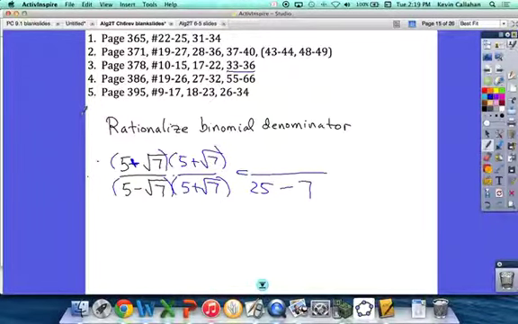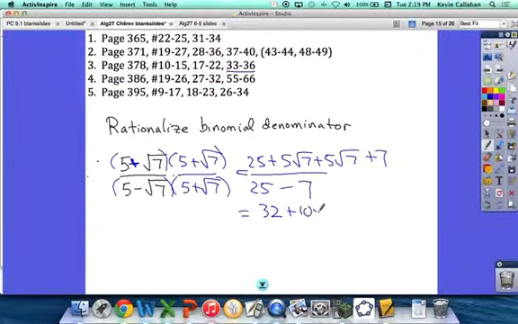And then in the numerator, it's a FOIL. So this will be 25 plus 5 root 7 plus 5 root 7 plus 7. And you combine what you can. This is going to be 32 plus 10 times the square root of 7 divided by 18.